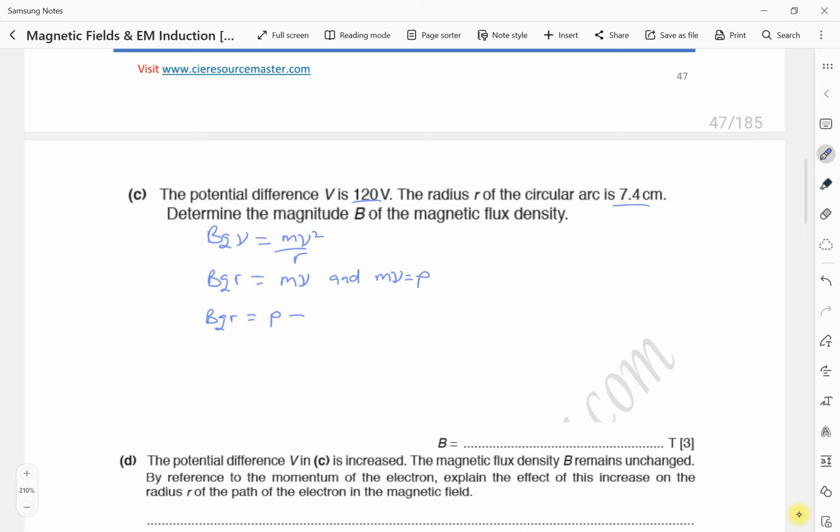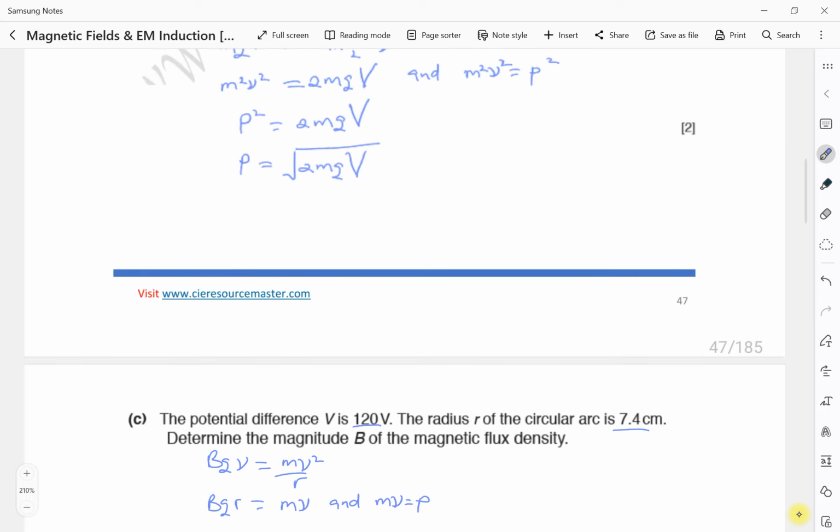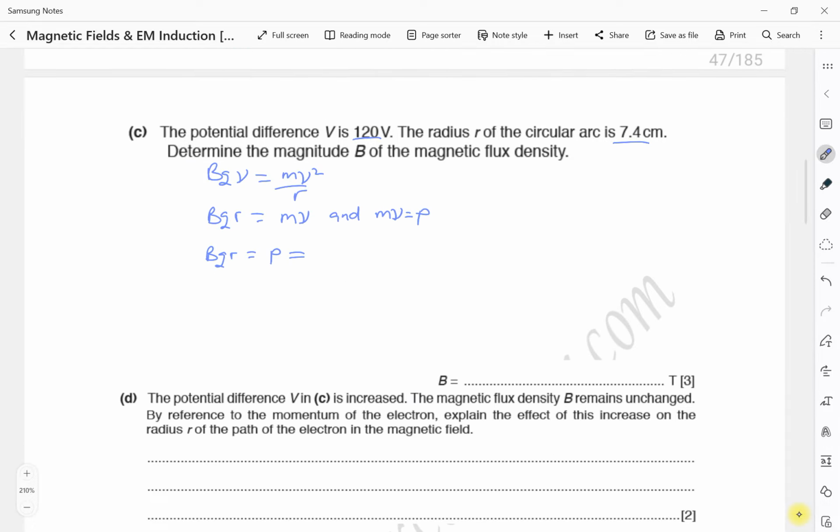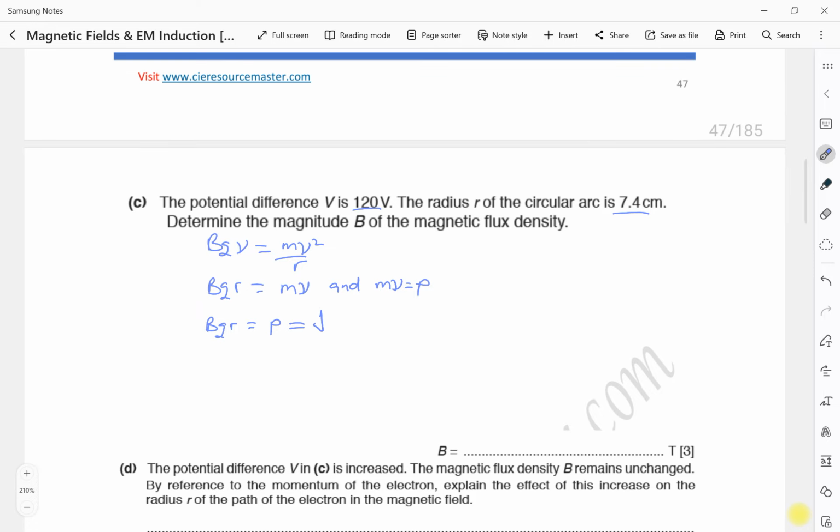So this is the same as momentum, which we have seen as the square root of 2mqV, the square root of 2mq times the accelerating PD. So I equate this to this, and make B the subject. B is the square root of twice mqV divided by q times r.